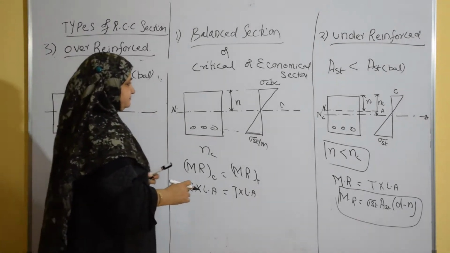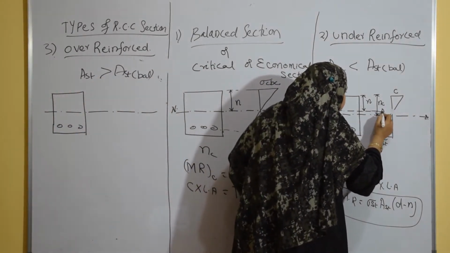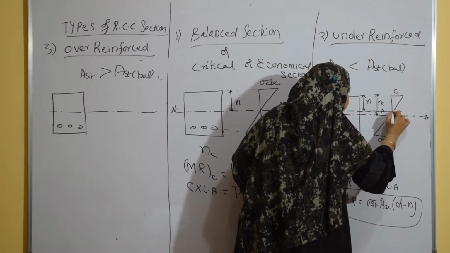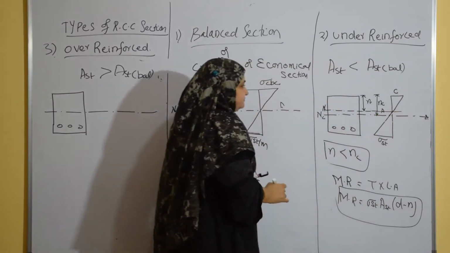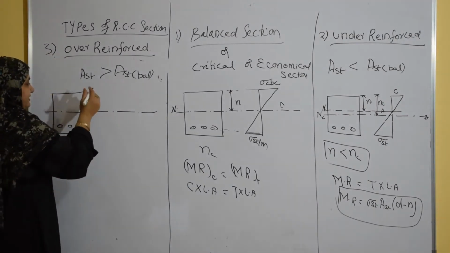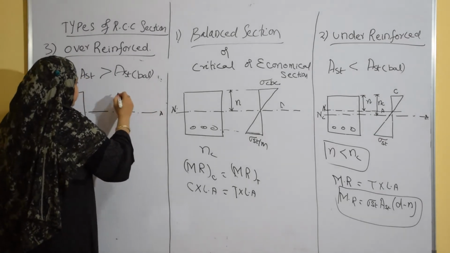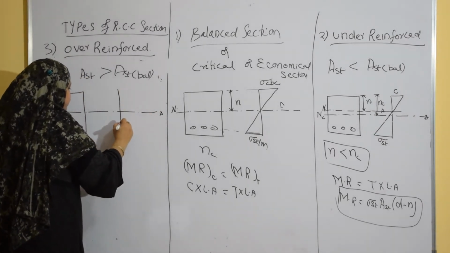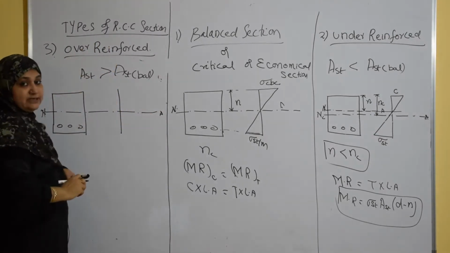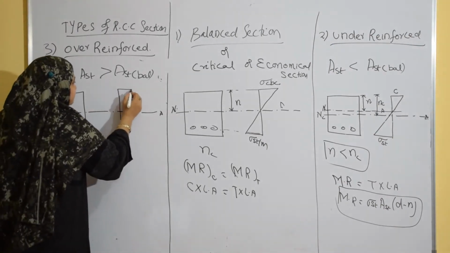I need to make a small correction here. So this will come like this. Same way here also, for an over reinforced section, if this is the neutral axis of a balanced section, then if you draw the stress strain diagram for an over reinforced section, I told you stress in concrete reaches first. So this is sigma CBC.